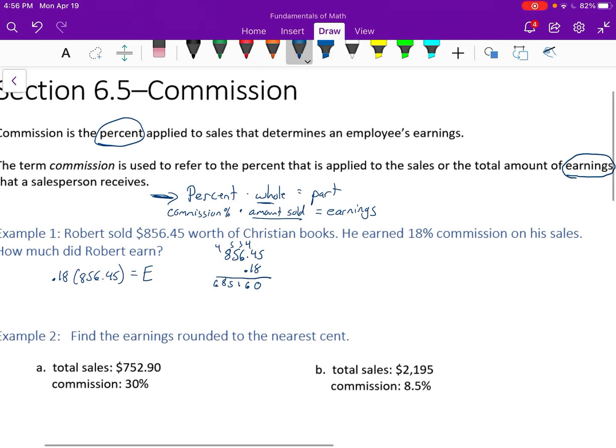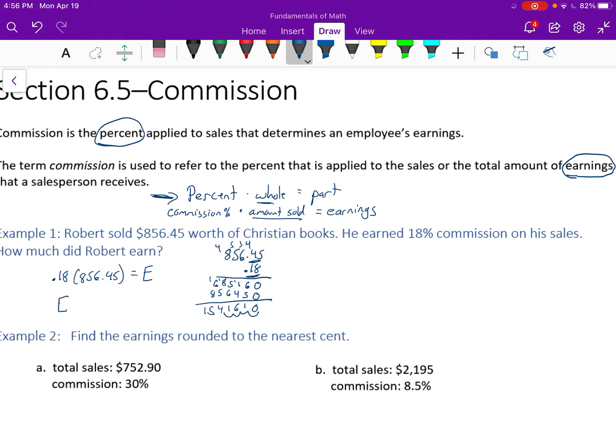So that's 8 times all those. We add a 0, and then we multiply by 1. Multiplying by 1 is easy. You just get the same number. And then we add. We have 1, 2, 3, 4 decimal digits to the right of the decimal, so we need to move over 1, 2, 3, and 4.